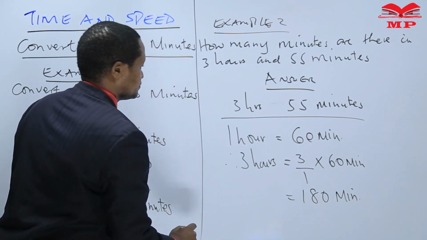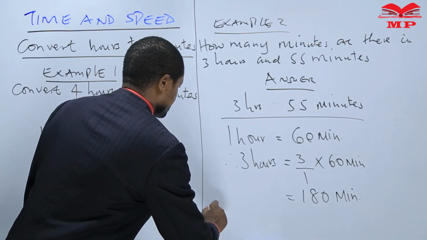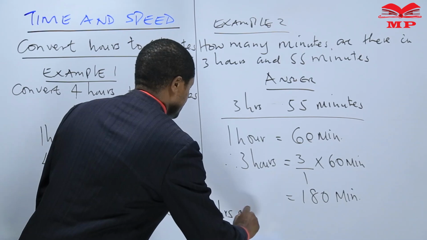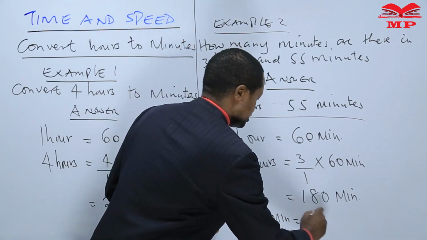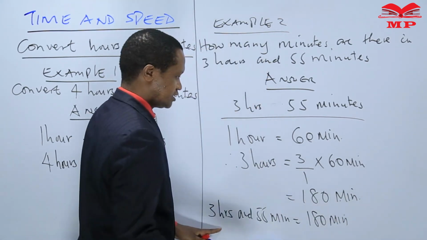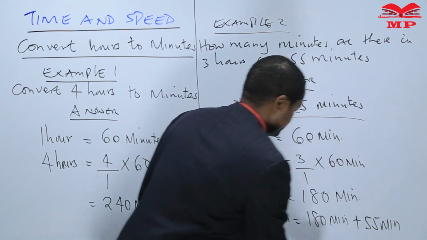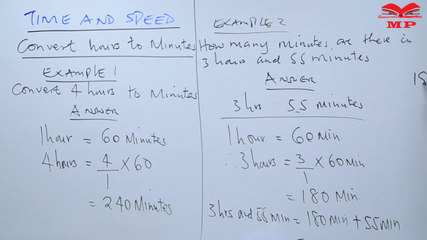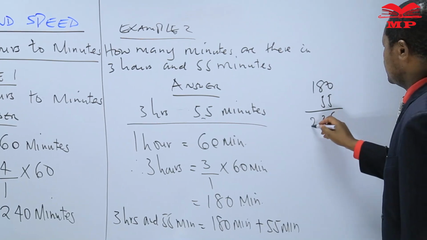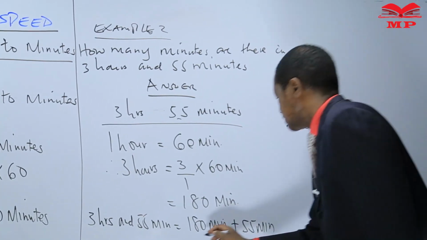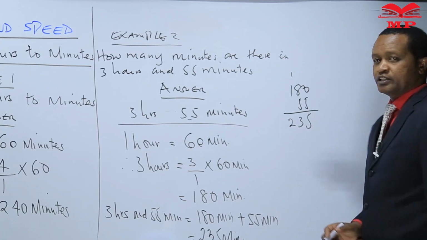Therefore 3 hours and 55 minutes will be equal to the 180 minutes that we have calculated, then we add the 55 minutes. 180 plus 55 gives the total, which is 235 minutes.